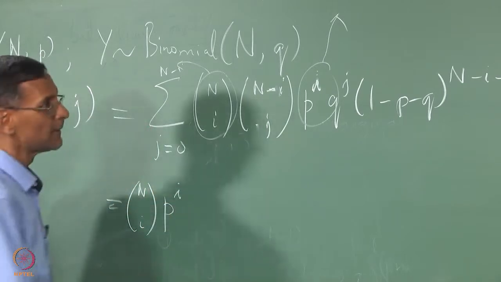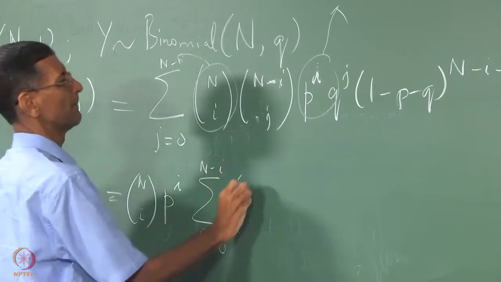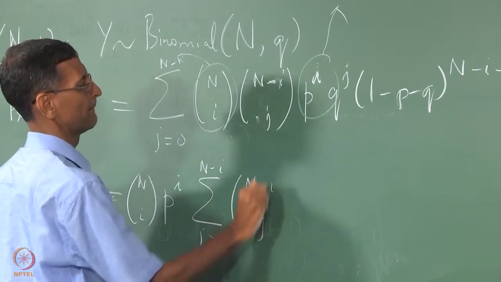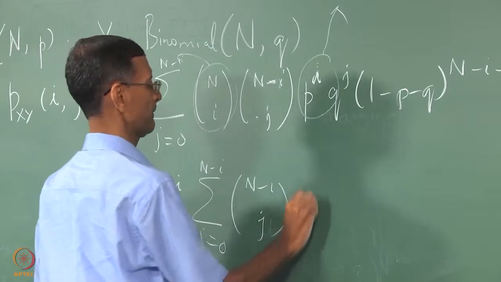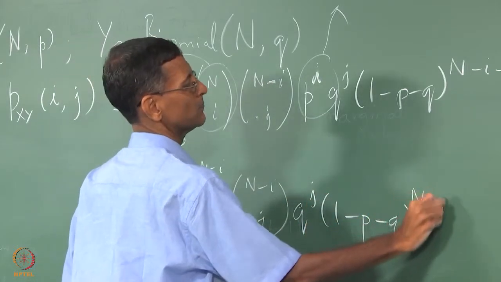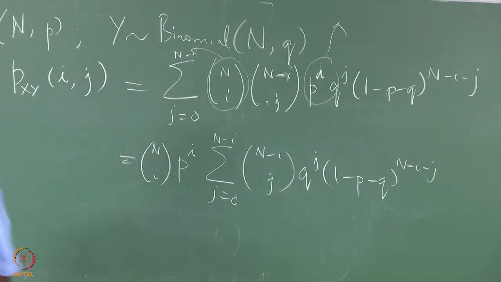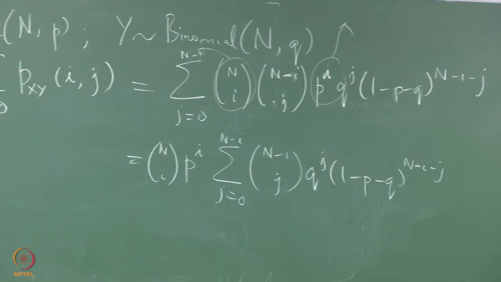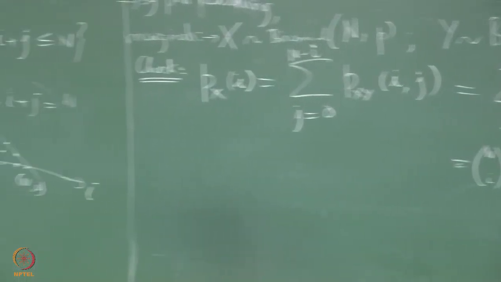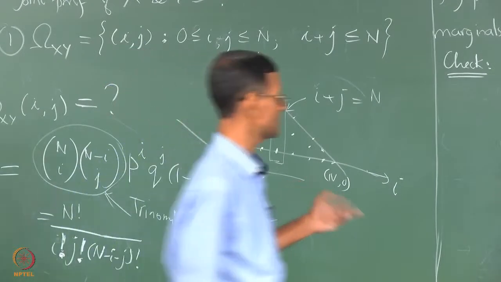What do I have inside? I think this is easily summable. This is a very simple binomial summation. What do you get when you do this? So it is q plus 1 minus p minus q, whole to the power n minus i, right? It is a simple binomial summation, is it not?